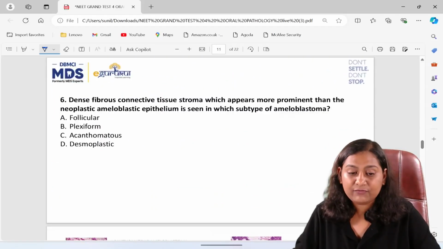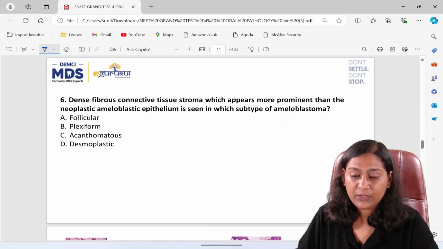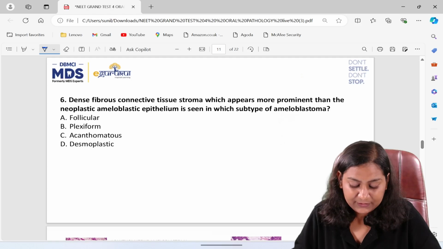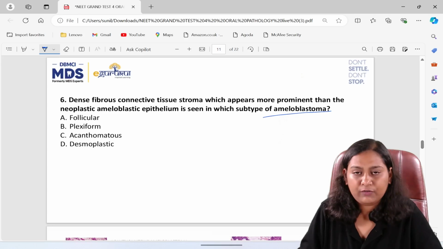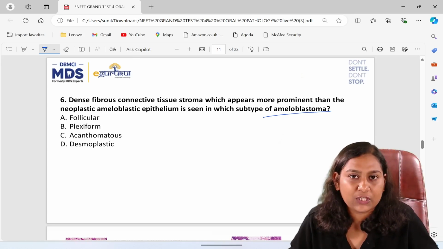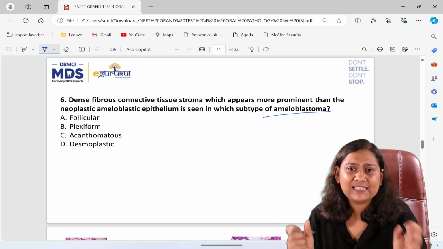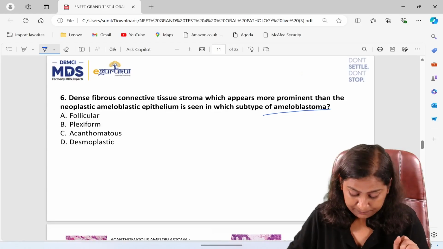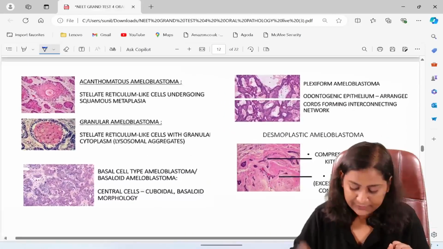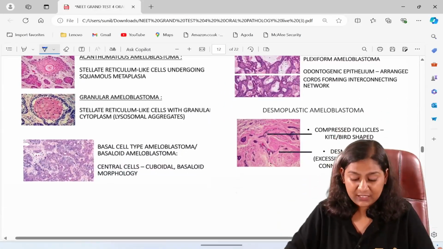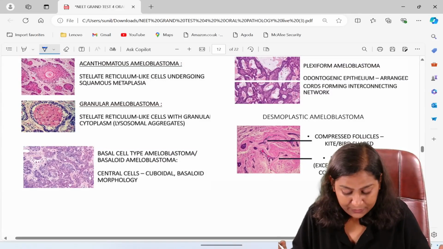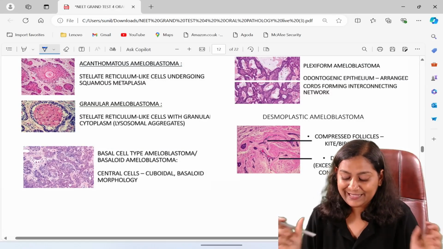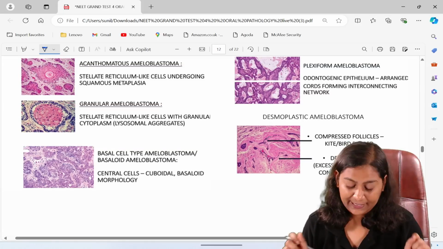Now, dense fibrous connective tissue which appears more prominent than the neoplastic ameloblastic epithelium is seen in which type of ameloblastoma? First of all, there are 6 histopathological variants of ameloblastoma. Tell me; if you have attended my live session or my recorded session, it will be very easy for you.